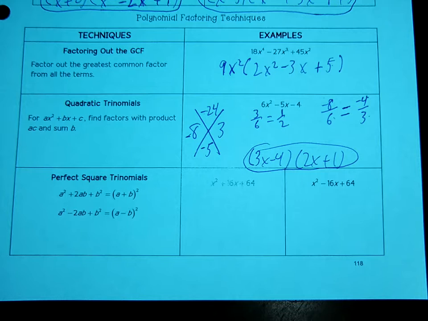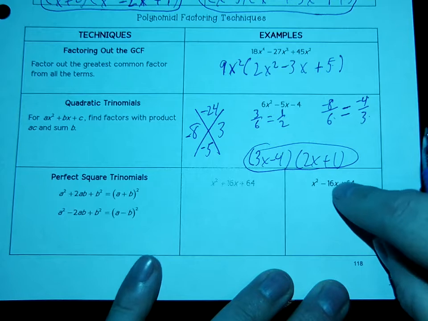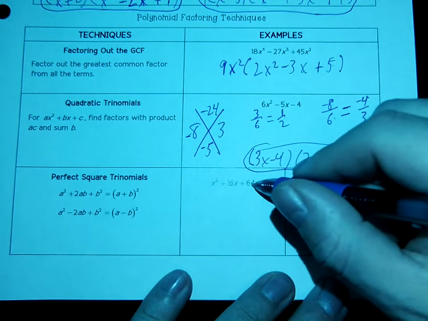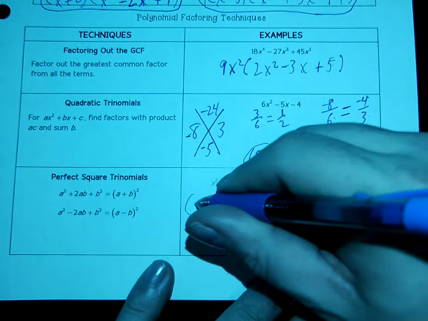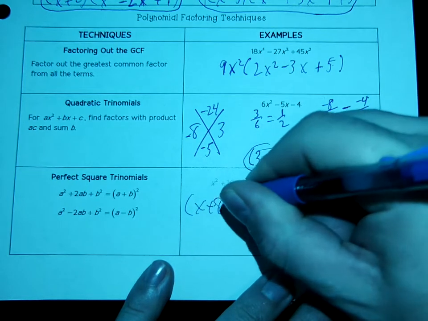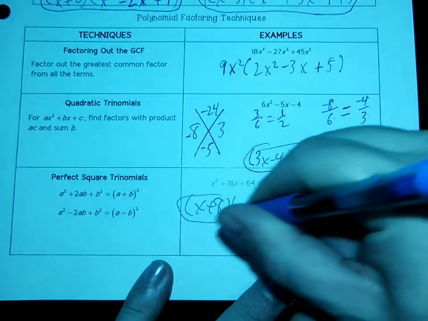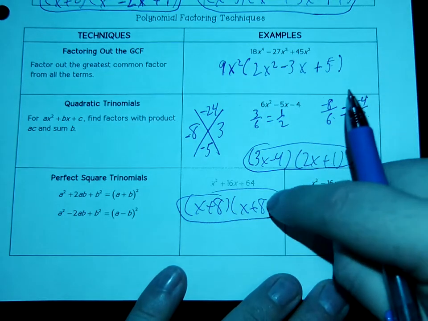Alright, moving along. Next up we have perfect square trinomials. So again, if the b term in the middle is twice the square root of the c term, then you have a perfect square. You can see here that 16 is twice the square root of 64. This tells me that this is x plus 8 quantity squared, which you can write as two separate terms or as one single term, x plus 8 with the squared symbol on the outside of the parenthesis.